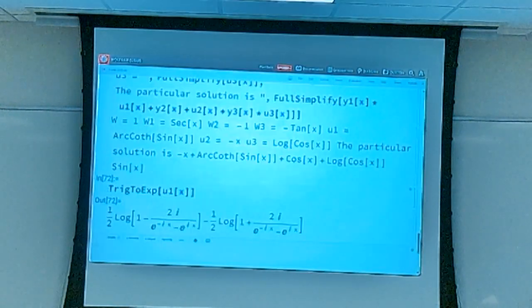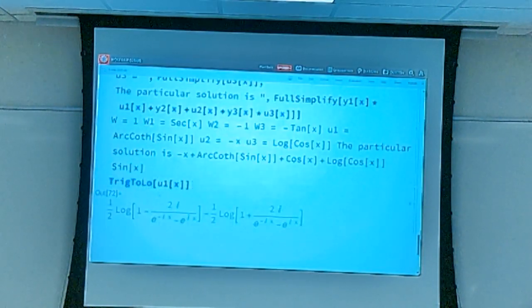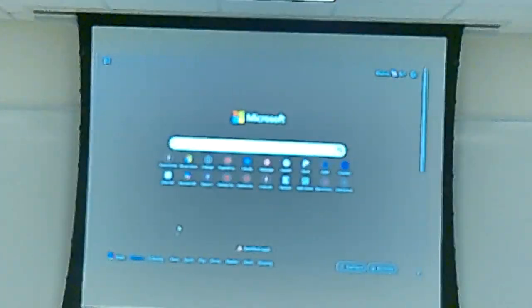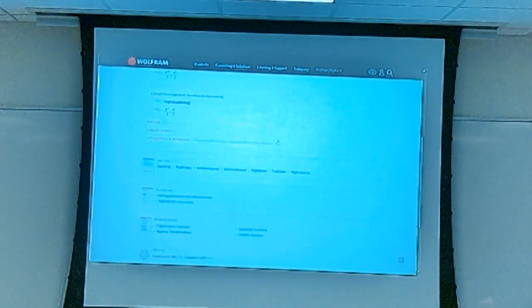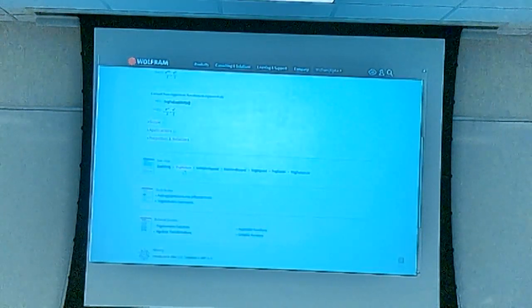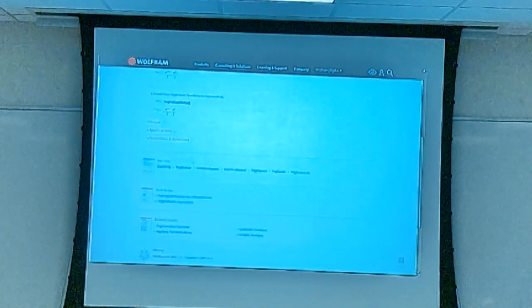I don't think it's trig to exponential, I think it's trig to... So I actually don't want exponential, pure exponential. Takes me back to trig.